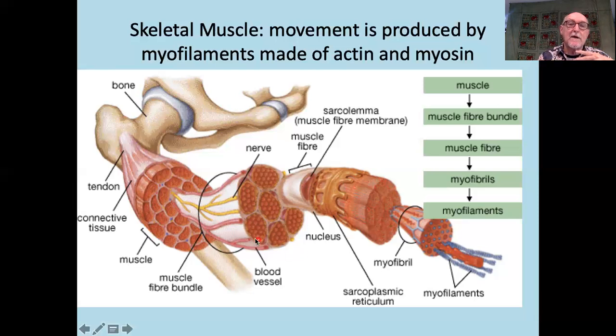You'll see running through the muscle, all along the muscle fiber bundle here, are nerves. And when a nerve impulse reaches these, it will cause this to release all of its calcium, and the muscle cells will contract.